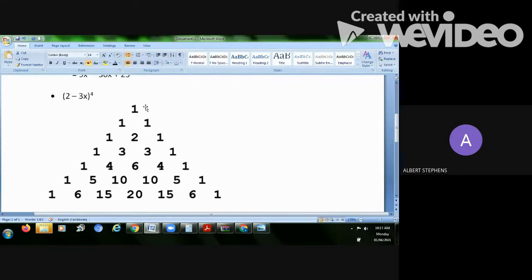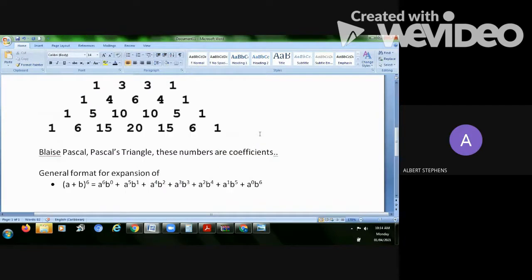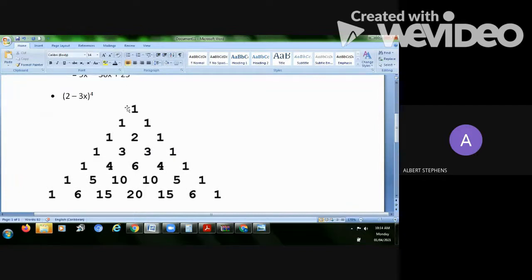So n equals 0. We're going to put in these numbers for this one here. So we're going for n equals 6. So n equals 0, 1, 2, 3, 4, 5, 6.